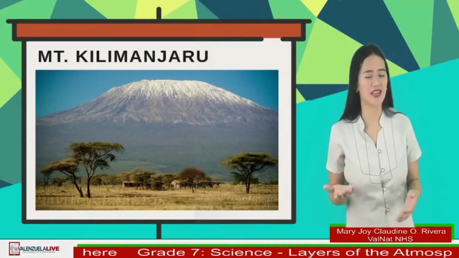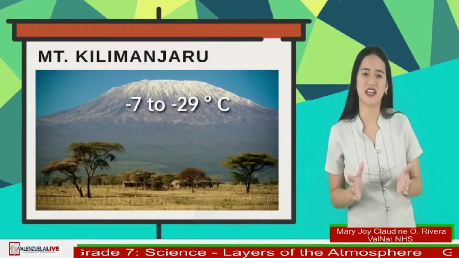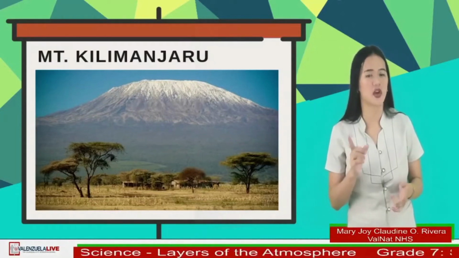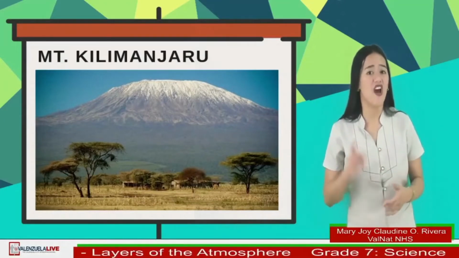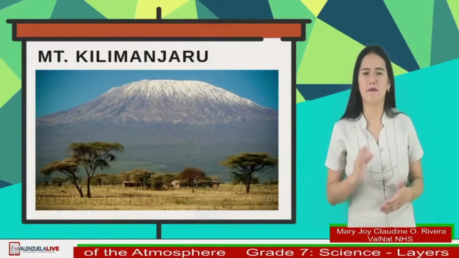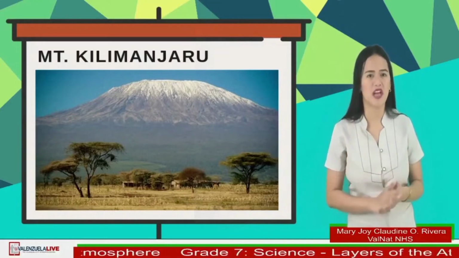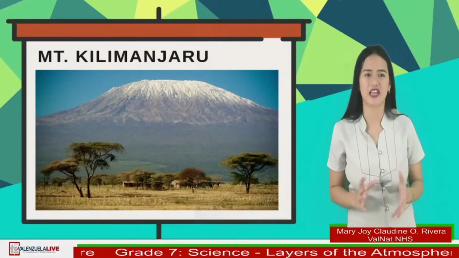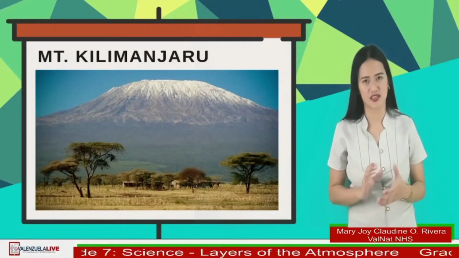At the summit, the temperature ranges from -7 to -29 degrees Celsius, which explains the presence of snow caps all year round. This is for the reason that in the troposphere, temperatures typically go down the higher you go, since most of the heat found in the troposphere is generated by the transfer of energy from Earth's surface.